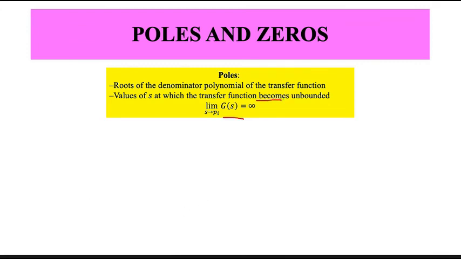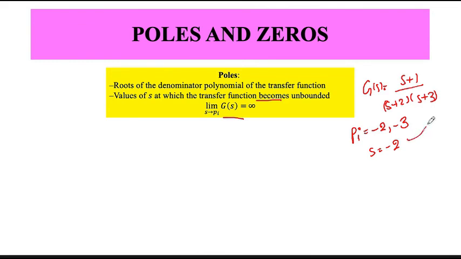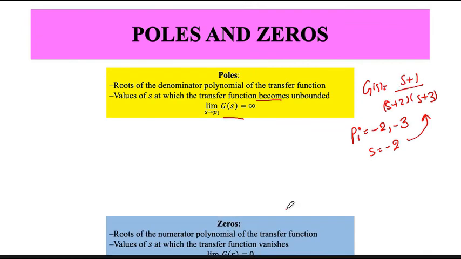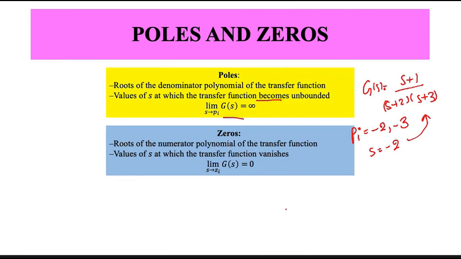Let's take a very simple example. Let G(s) = (s plus 1) by ((s plus 2)(s plus 3)). So here my poles are minus 2 and minus 3. If s is equal to minus 2, this value goes to infinity. Similarly, zeros are roots of the numerator polynomial. Set the numerator equal to 0, and what I get are the zeros of the system.